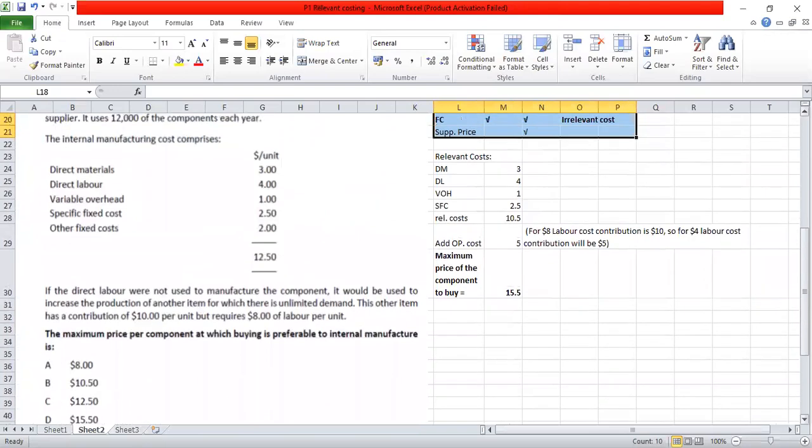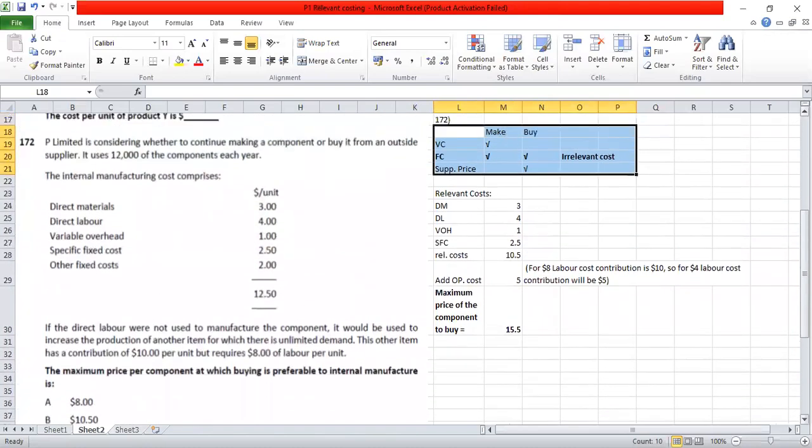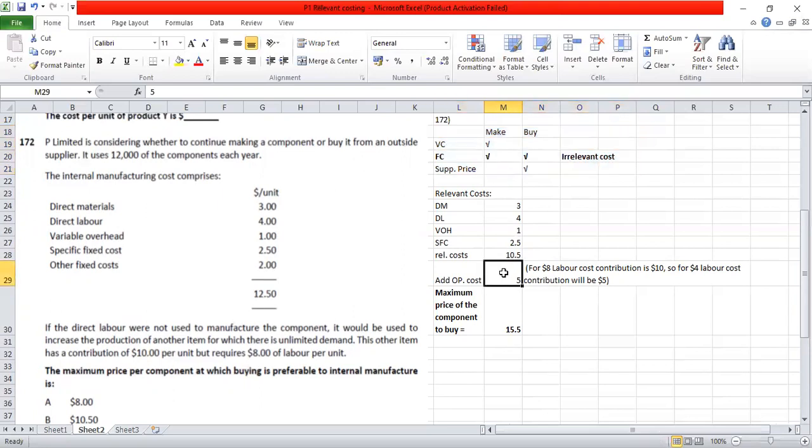What is opportunity cost? Cost of foregoing the next best alternative. See, because they are taking up making that, they will forego this. So that is a lost revenue. Lost revenue is 5. Lost revenue is a cost for them. So that's opportunity cost. When they take up making the component, they will not have the possibility of making $5 contribution.